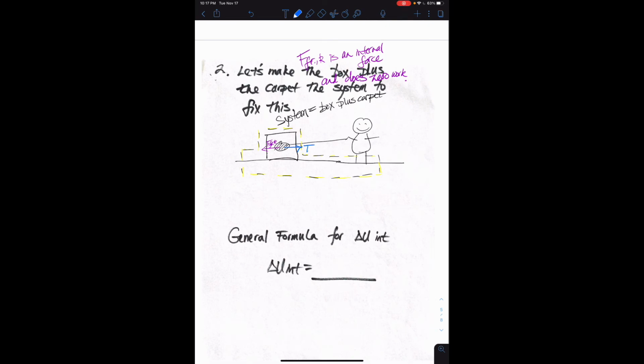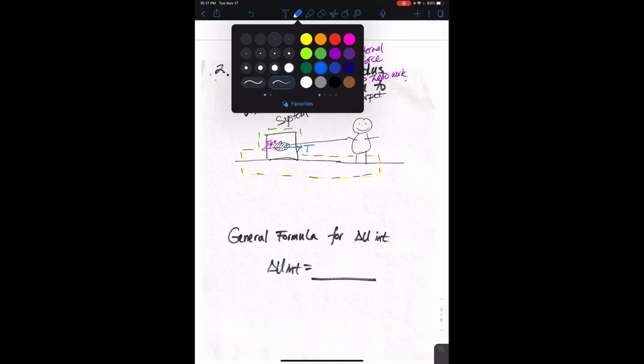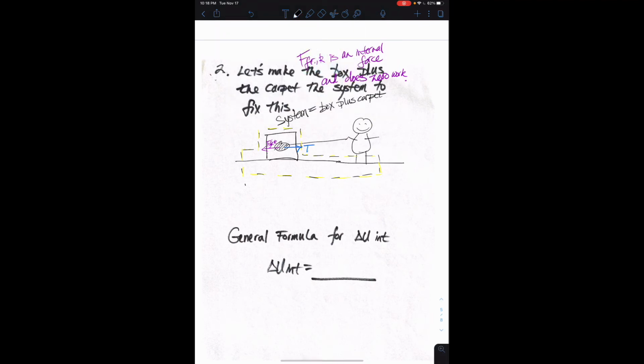Let's remind ourselves what the work done by the rope is. The work done by the rope is equal to tension times distance times the cosine of 0.